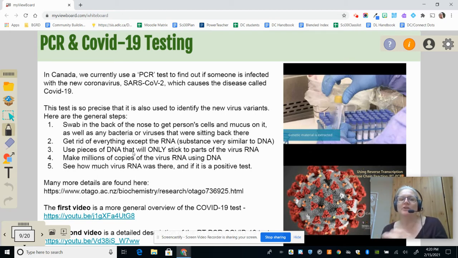That helps them figure out how much of that virus RNA was there and if it's a positive test or not. There's a couple of videos on here if you're interested in how that test works more specifically. You don't really need to know the specifics of this test at all. It's just quite interesting that the PCR test is involved in this.